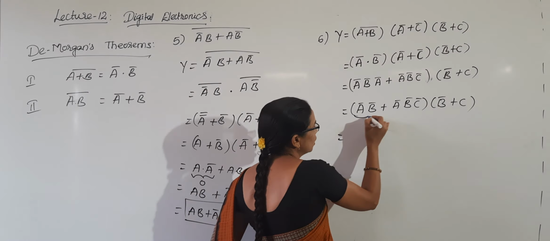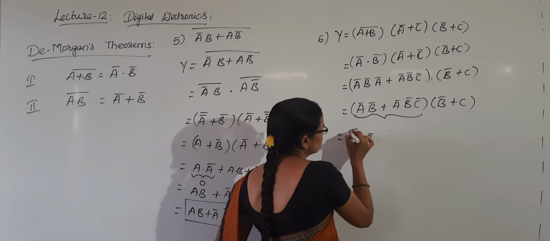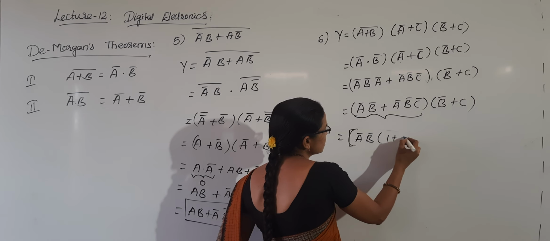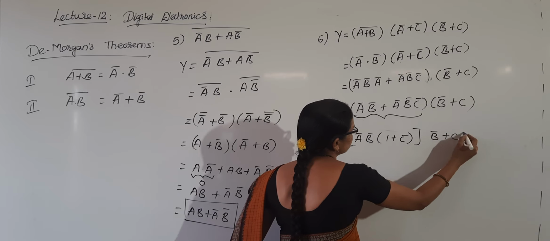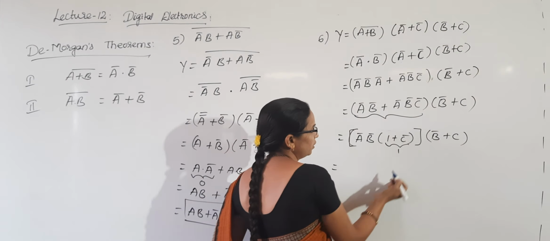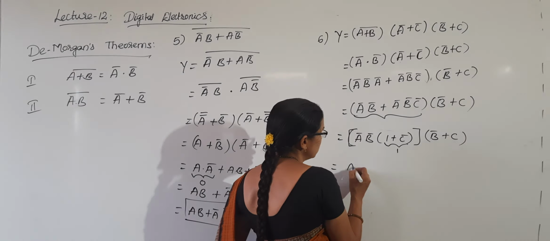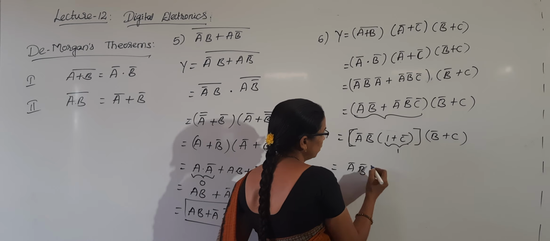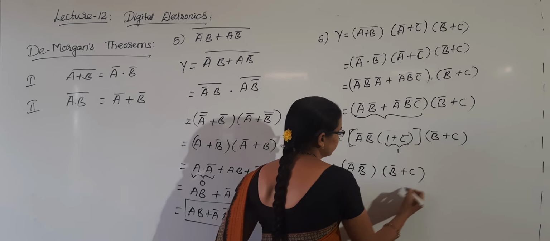In this I will take a bar b bar common, 1 plus c bar. 1 plus a is 1, so 1 plus c bar is 1. So a bar b bar into b bar plus c.